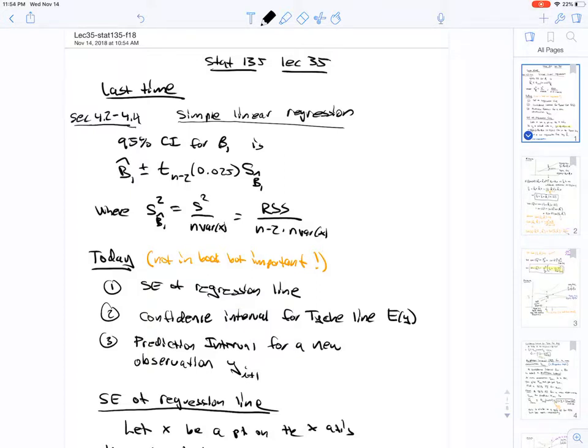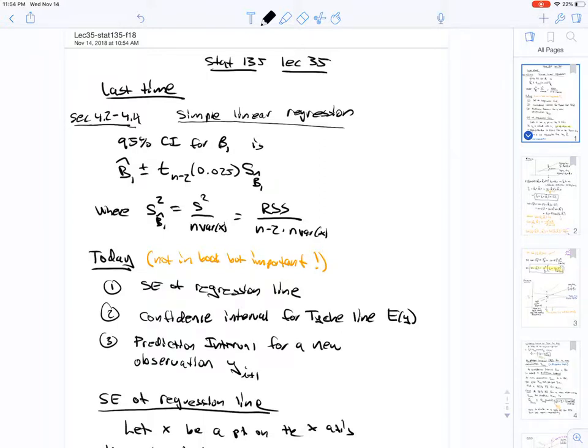Last time we discussed the 95% CI for beta 1 and also for beta 0. For beta 1, it's centered at beta 1 hat plus or minus the t statistic at alpha over 2 times the standard error for beta 1 hat.